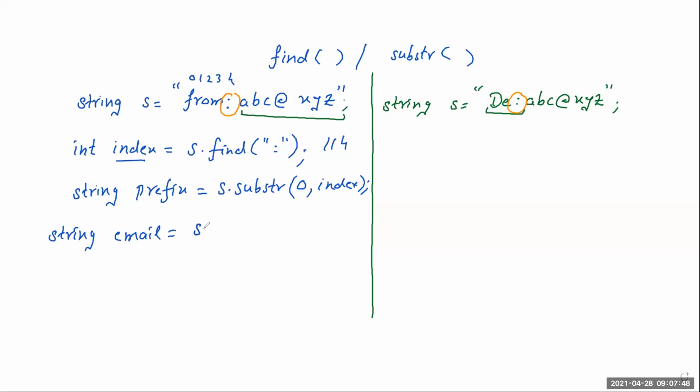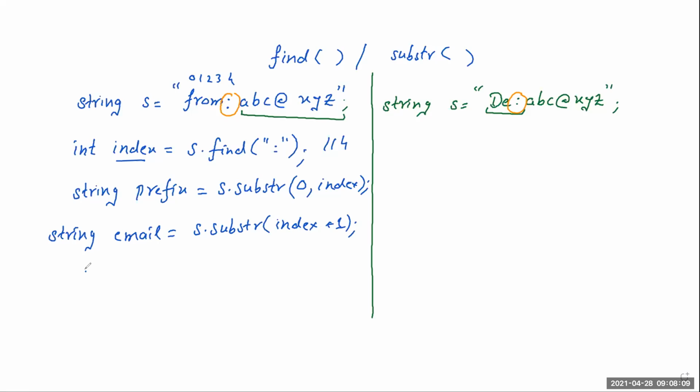So you can call this function like s dot substring index, which is the position of colon, plus 1. Why plus 1? Because we don't want to pick the colon. And if you give only one argument to this function, as we discussed yesterday, it will go to that position and pick everything till the end of the string.